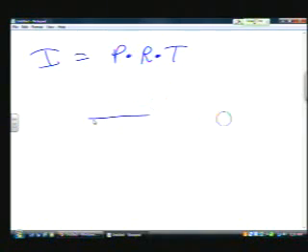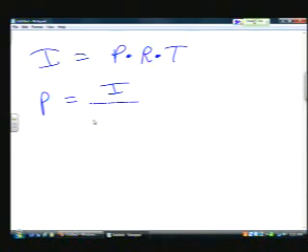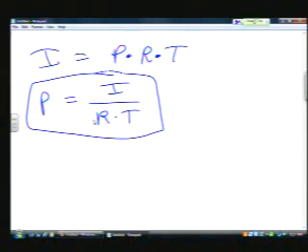With algebra, we came up with a formula for principal, because we divide both sides by RT and then reverse it. This formula is totally unnecessary to memorize. The formula for principal, totally unnecessary, just like the formula for rate.